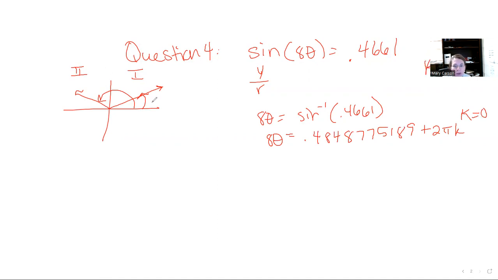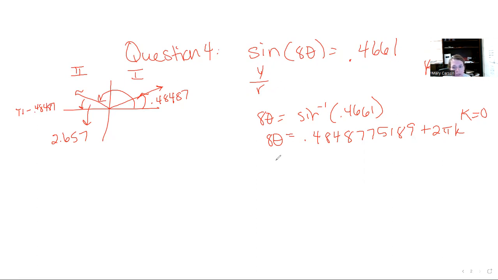So this value is this 0.48487. Now we want to find from here to here. To find this, we would do pi minus that 0.4847, and you would get this angle is 2.657.